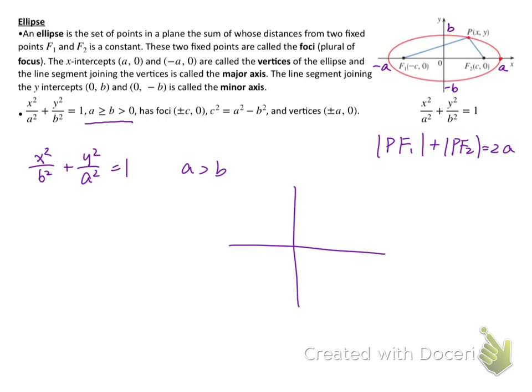So this time you will have bigger y-intercepts than x-intercepts, which means you are going to have an ellipse this way.